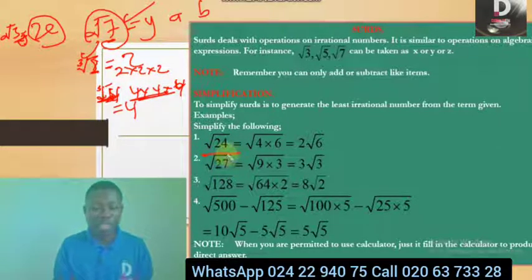Now, at this stage, insert it in your calculator. When you're given an essay or objectives question like this, insert it in your calculator. It will give you the direct answer like this. So square root of 24 gives you 2 root 6. What does it mean? The 2 was inside as 4.